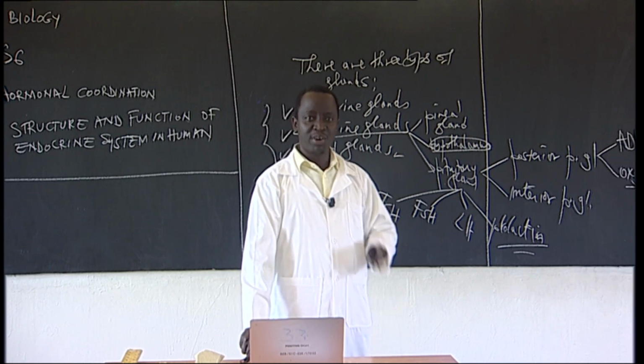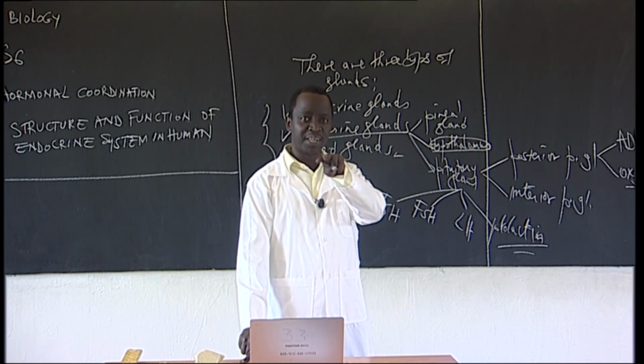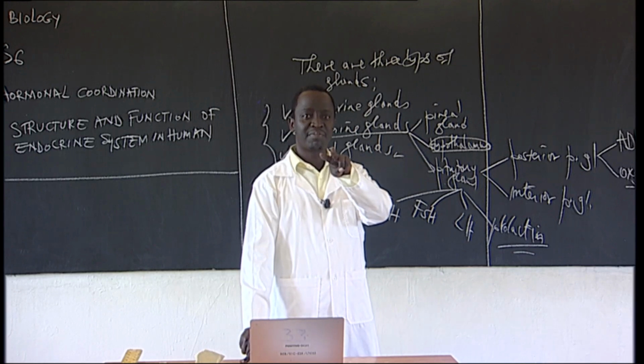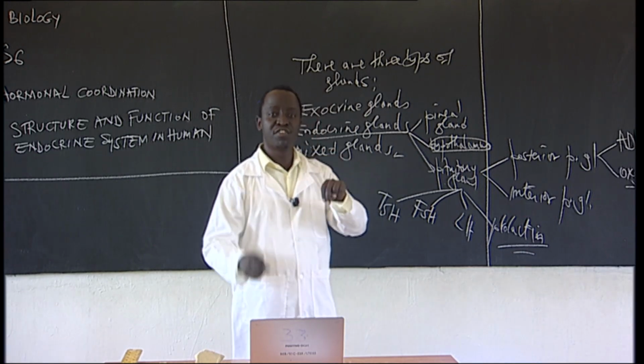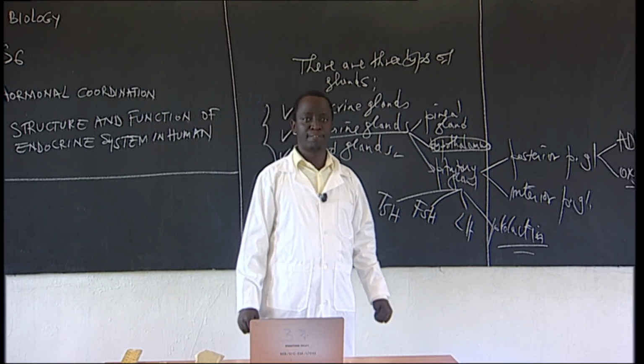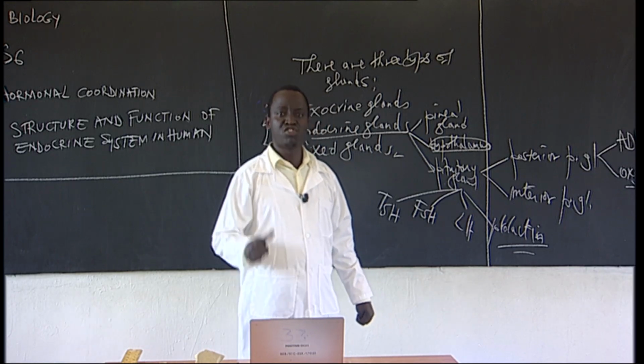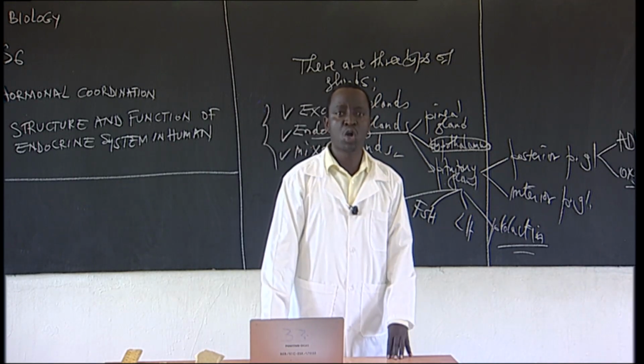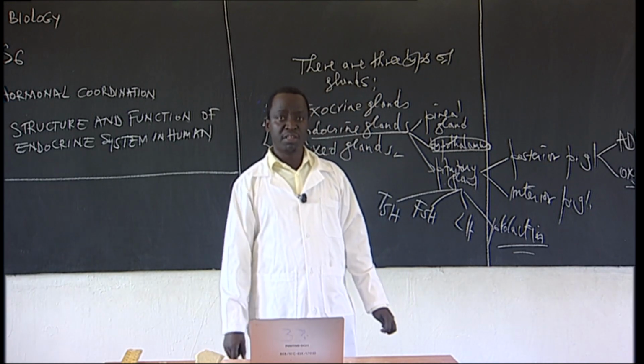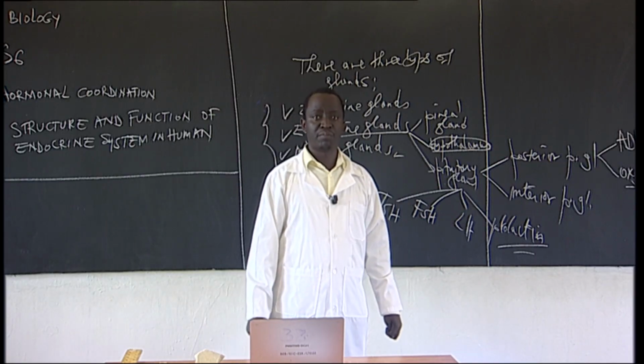Then what are two functions of this endocrine gland? It can control the development of the body, all right? The second, it ensures the metabolism of organic compounds such as glycogen, fats, and so on.